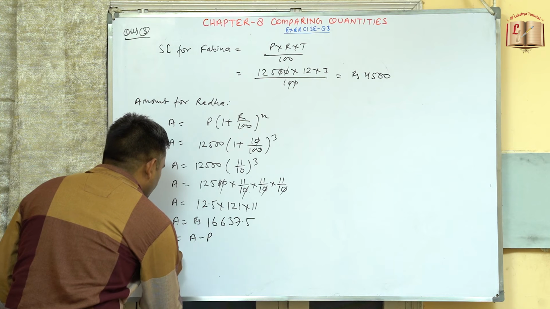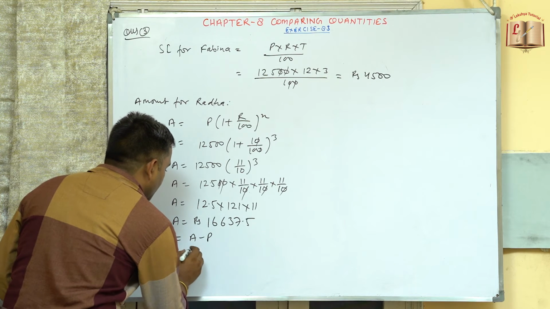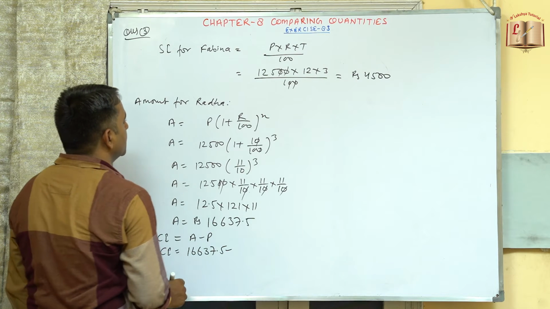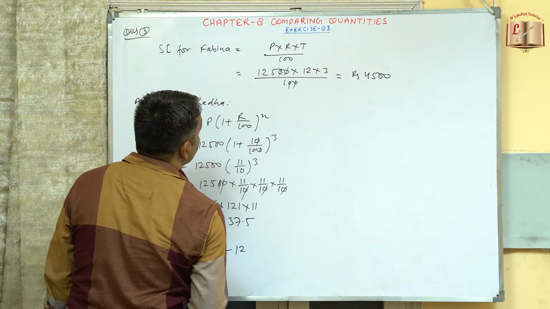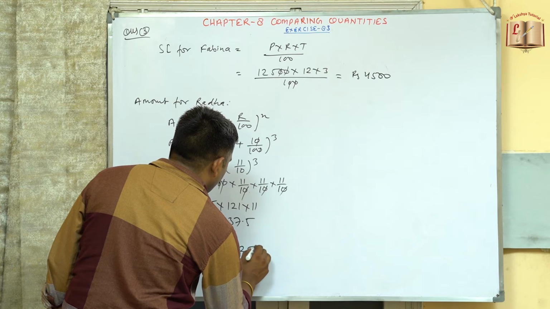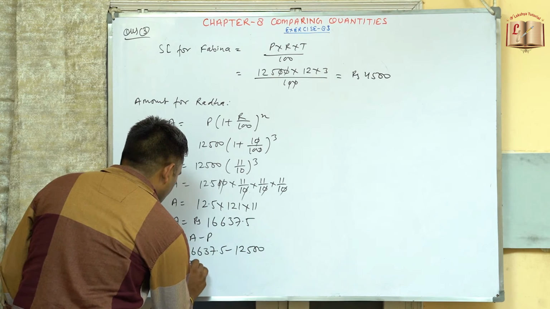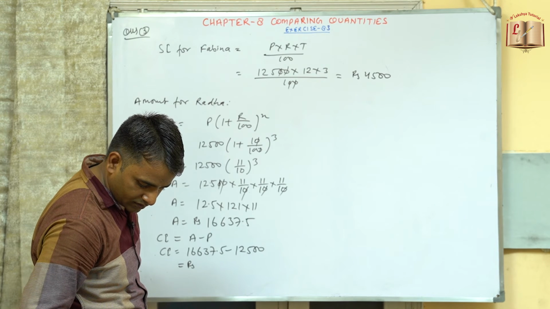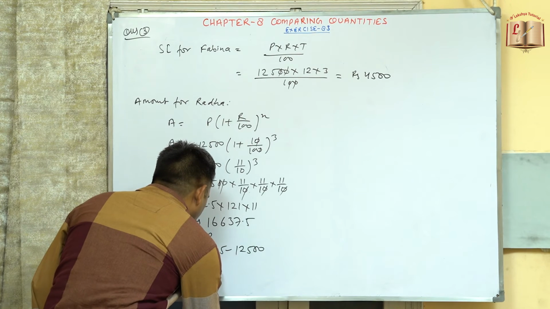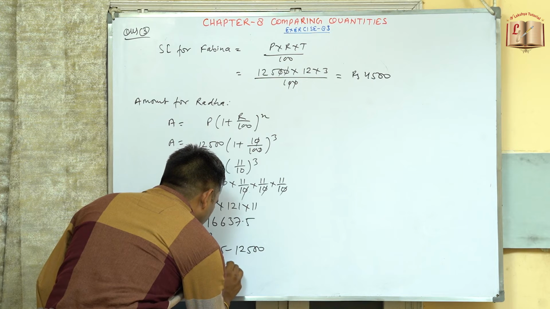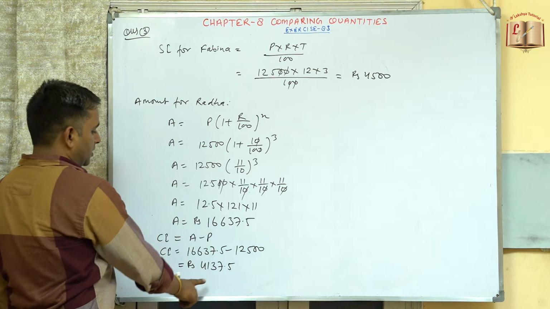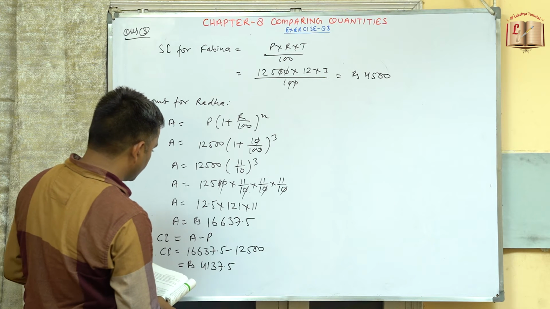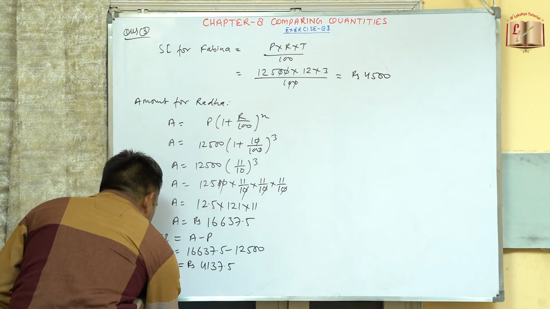Now we will find CI. CI will be A minus P. So CI will be equal to A, which is 16,637.5, minus 12,500. So we can subtract it, and it will be equal to 4137.5 rupees. So now this is less and the first one is more. So now we can find the difference.